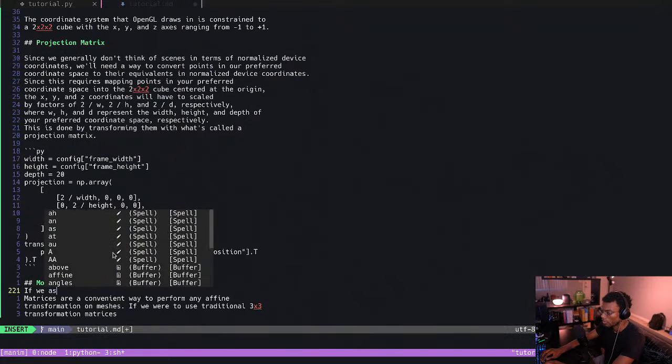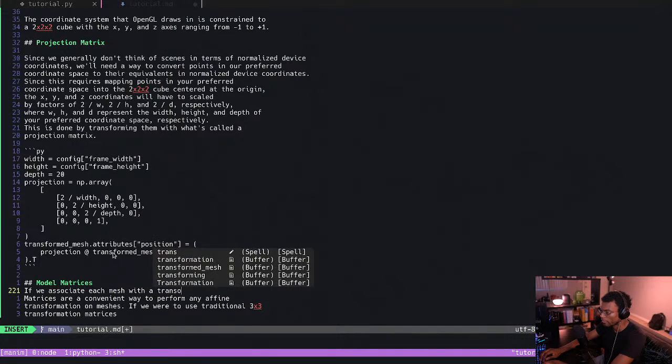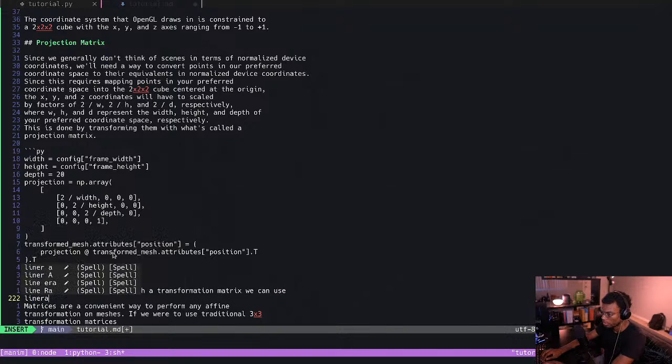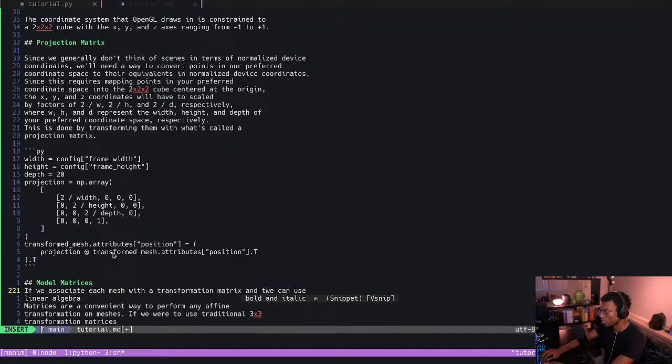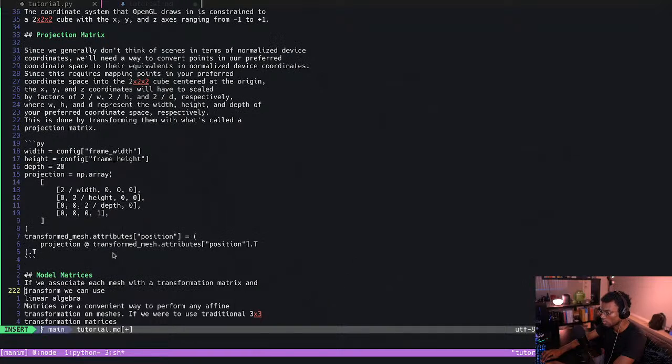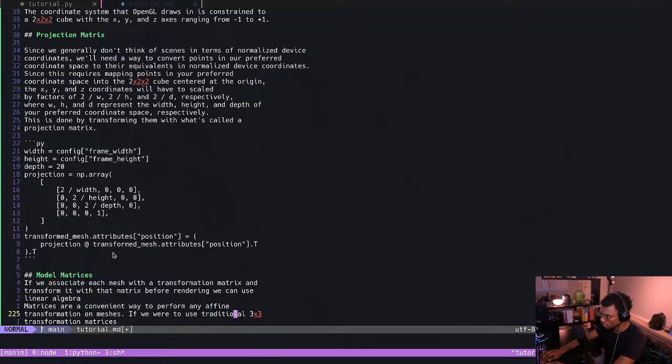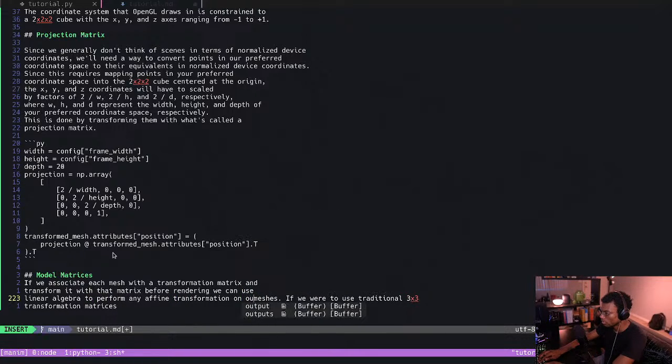If we associate each mesh with a transformation matrix and pass it and transform it with that matrix before rendering, we can use linear algebra to perform any affine transformation on our meshes.